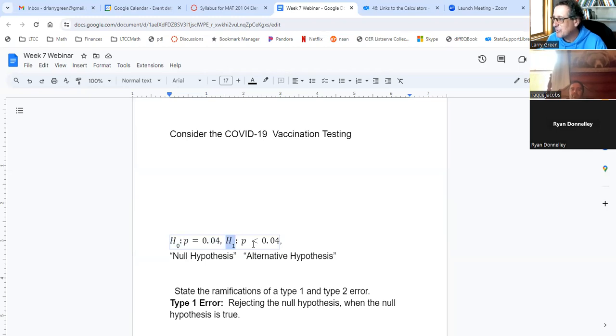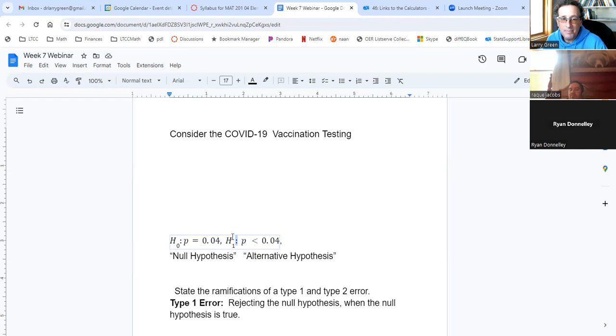I personally like H1 because it's the number after 0 is 1. Makes sense? But the other way of writing it, sometimes you'll see HA. They'll use an A because that's the first letter of alternative hypothesis. So don't be surprised if you see in other sources H sub A instead of H1. And then always colon.